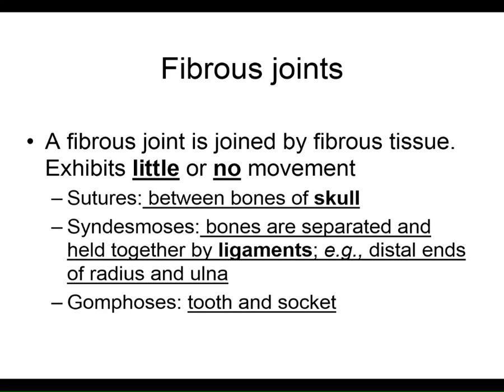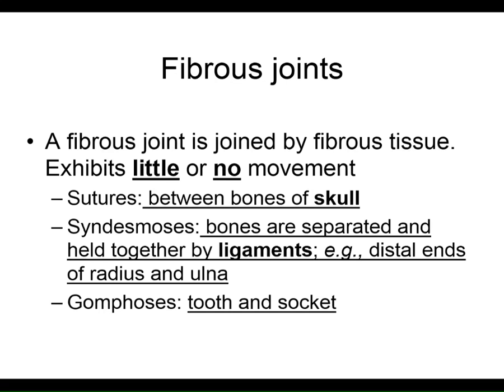Bones are connected to other bones through ligaments, right? So at the distal end, for example, of your ulna and your radius, there is a ligament that connects those two bones together. Now, it's not meant to be a movement kind of joint, but it is more of a stabilizing type of joint. So again, it's a fibrous joint. Little to no movement, but the bones certainly are connected one to another.